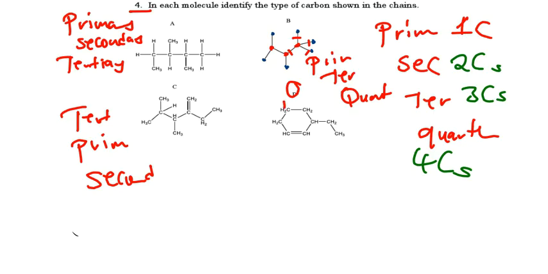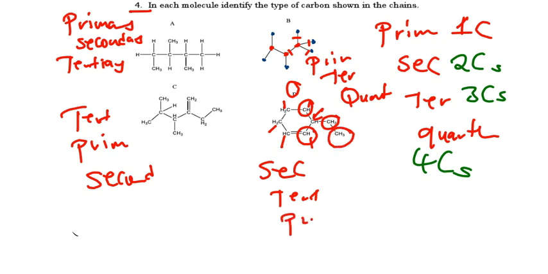This is a secondary, because there are 2 carbons on either side. Now this one is not, because it's having 1, 2, and 3, so it becomes tertiary. So we have secondary, tertiary. Now because of the terminal one, we also have a primary present. So that's it about 4.